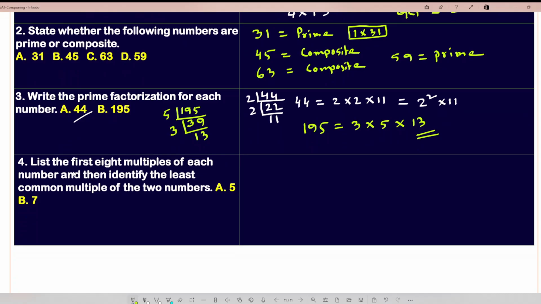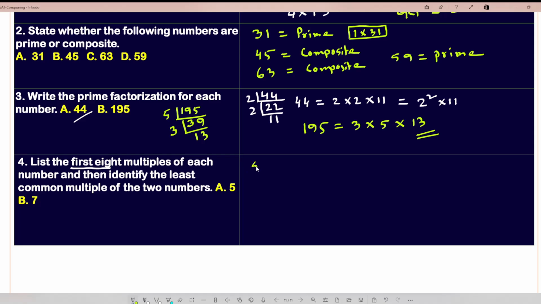Number 4, list the first 8 multiples of each number and then identify the least common multiple of the two numbers. First, 5. We will write the first 8 multiples.